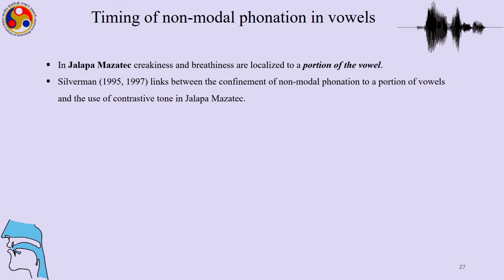And there have been many analyses of this, and Silverman links this to the confinement of non-modal phonation to a portion of vowels and the use of contrastive tone in Halapa Mazatec, which also has tones, and this is a sort of trade-off.